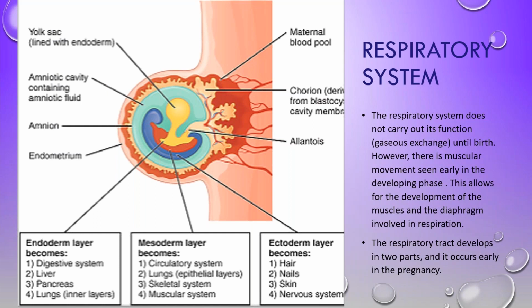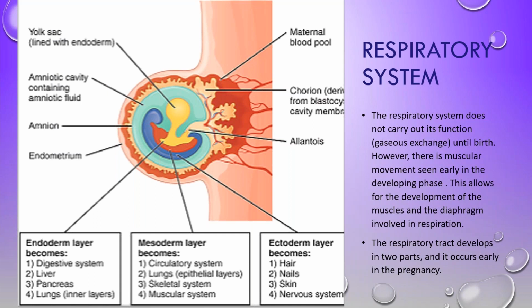It doesn't carry out its function until birth, and this, however, becomes a problem because as we go through these, you will see that the lung at 24 weeks is not very mature. So that lung is not fully formed, and that's what we're trying to get gaseous exchange from.